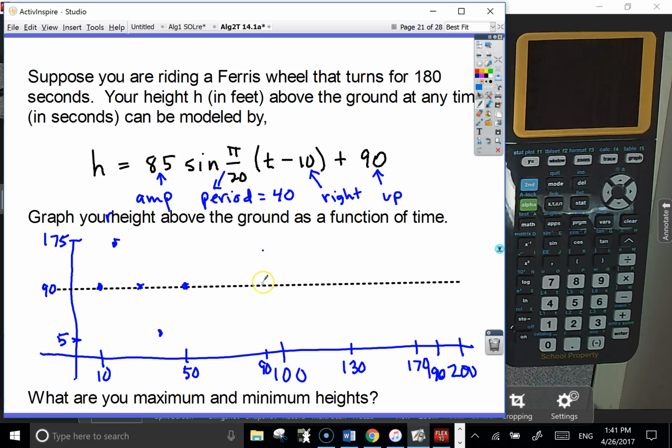And then it's going to keep doing that same thing, to its maximum and to its minimum, again and again. So my spacing isn't real good, but it's doing something like this for 180 seconds.